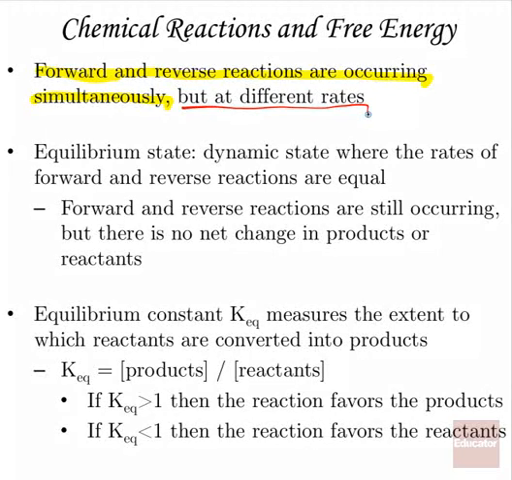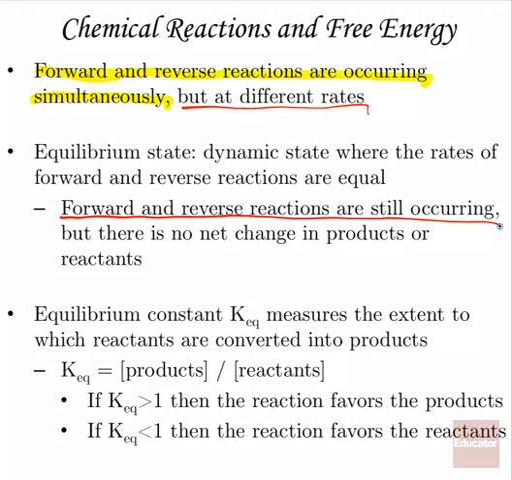Okay? Now, this equilibrium state is a very dynamic state where the rates of your forward and reverse reactions are equal. Now, it's important to note that forward and reverse reactions are still occurring, but there is no net change of reactant or product, okay?